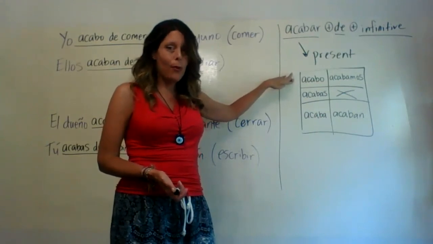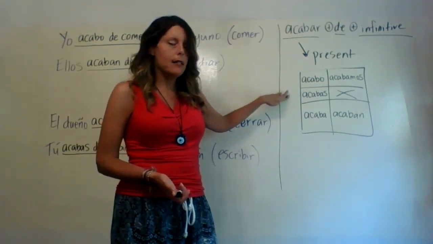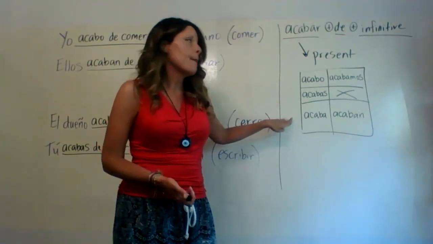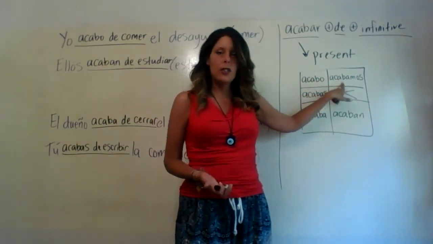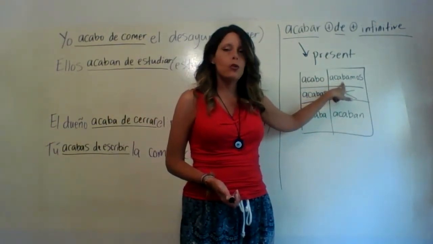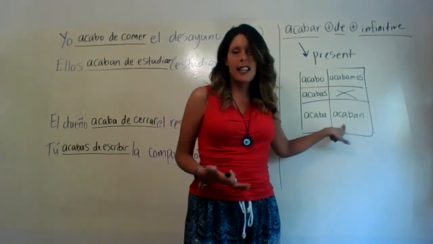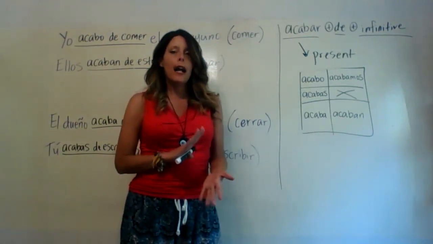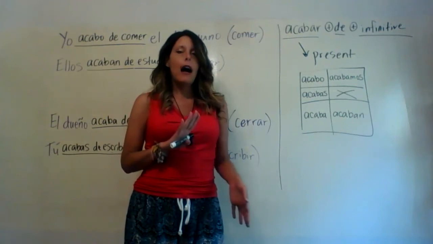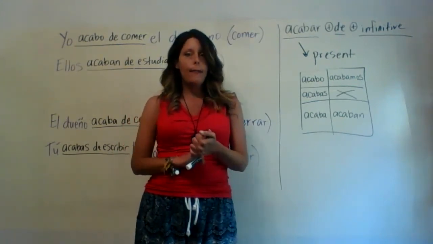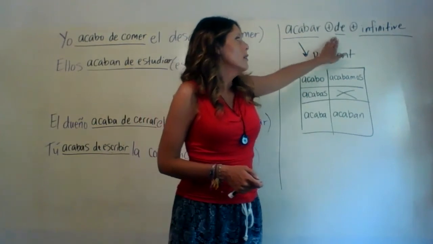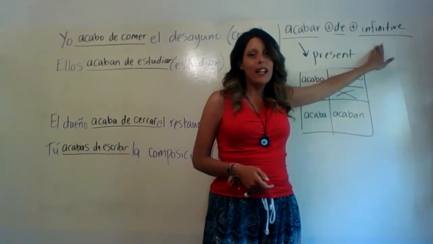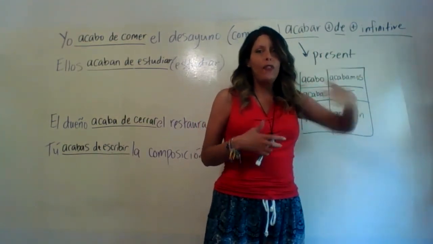So yo acabo, tú acabas, él, ella, usted, whoever acaba, nosotros or nosotras acabamos, and ellos, ellas, ustedes, acaban. So acabo, acabas, acaba, acabamos, acaban. And then you will have the word de, and then you will have an infinitive. So this is very easy.